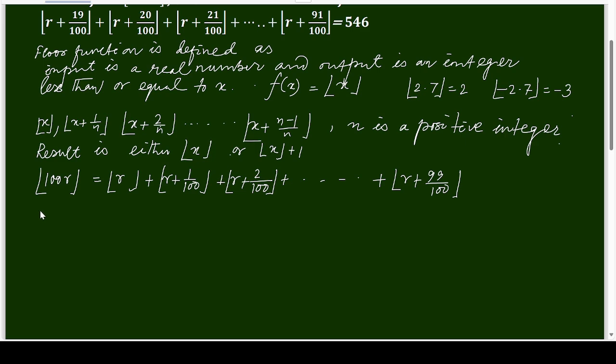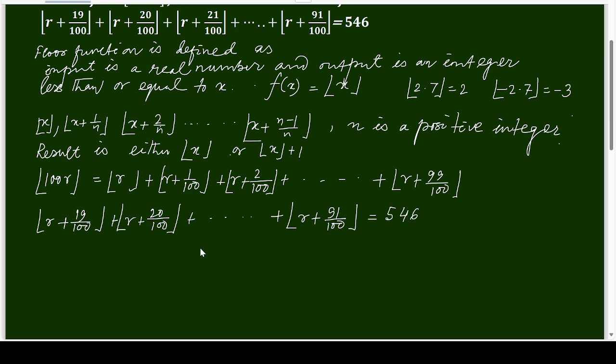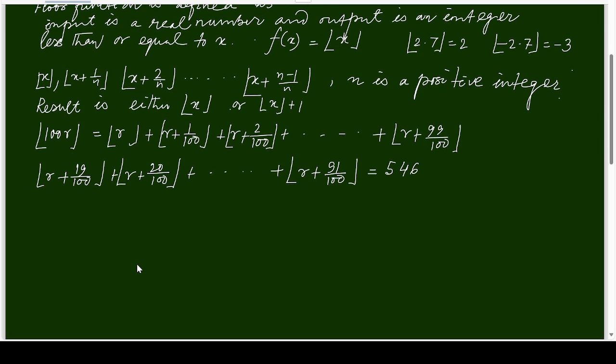So what is given? Given that floor of r plus 19 over 100, plus floor of r plus 20 over 100, up to floor of r plus 91 over 100, equals 546. So let us see how many terms are there. They are in AP.